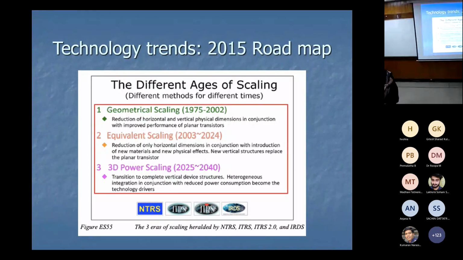Then we said that it's not required to scale down every parameter of the device, but certain parameters can be left out in terms of scaling, and we just consider the horizontal parameters which can be scaled down. That was a new thinking which happened from 2003 to 2024, which we still are working on. And then now we are talking about 3D power scaling.